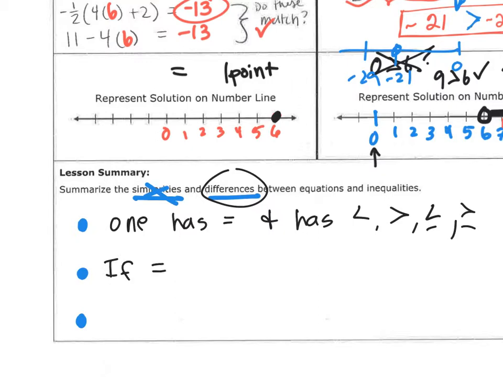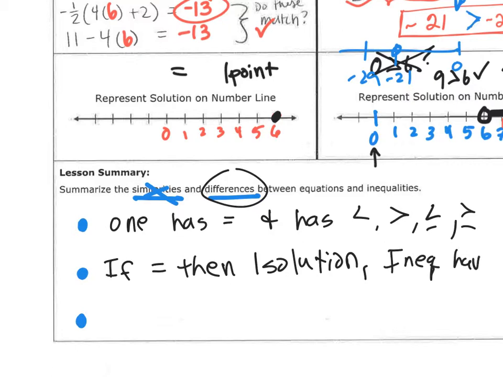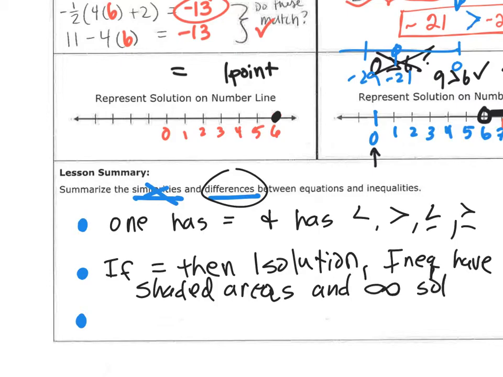If it's an equation, then there's one solution. Whereas inequalities have shaded areas, which means infinite solutions, right?